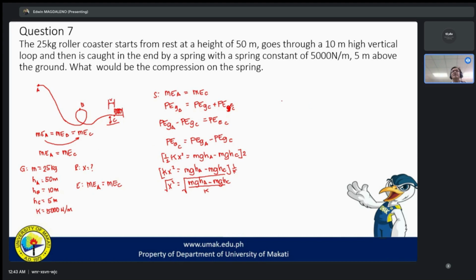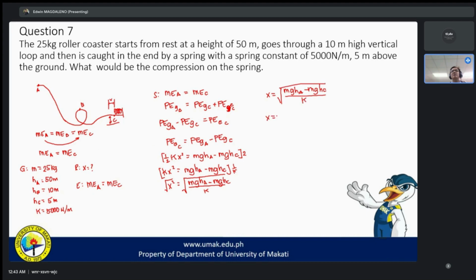So we'll have x equal to the square root of mg h sub A minus mg h sub C all over k.